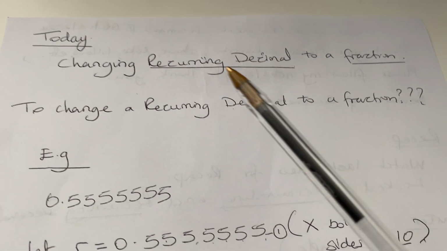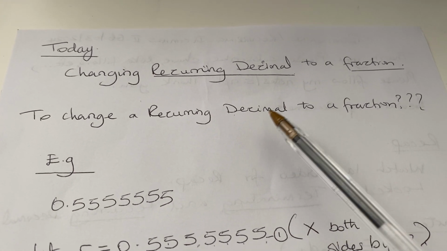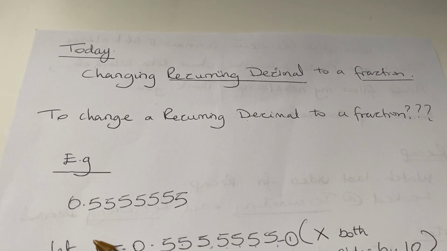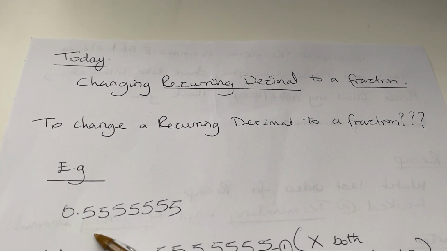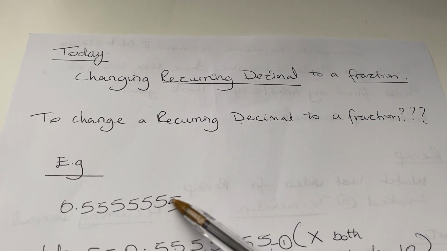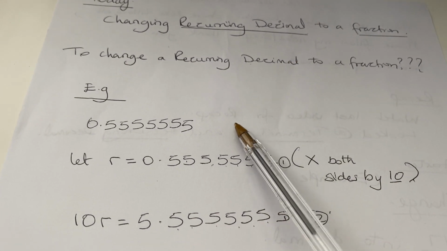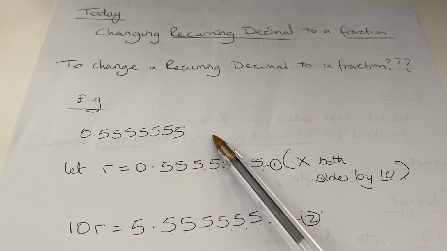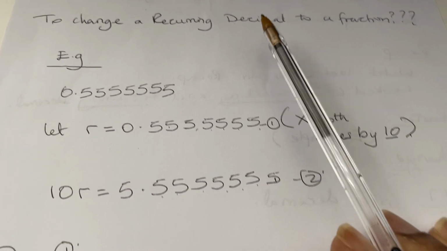Now if you are given a recurring decimal to change into a fraction, how would you know? Are you going to put it all over 1000000? If it's a non-calculator paper, you are going to be confused at a point. So I'm going to show you a method you can use.